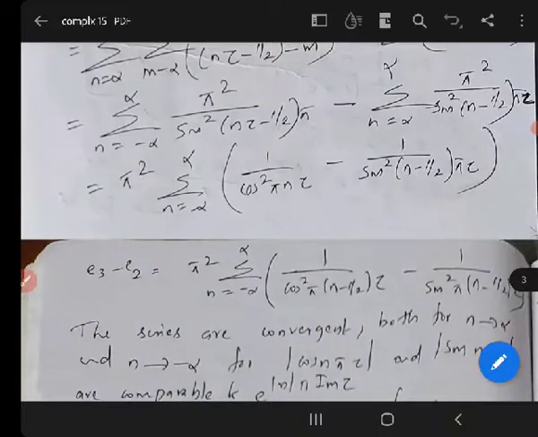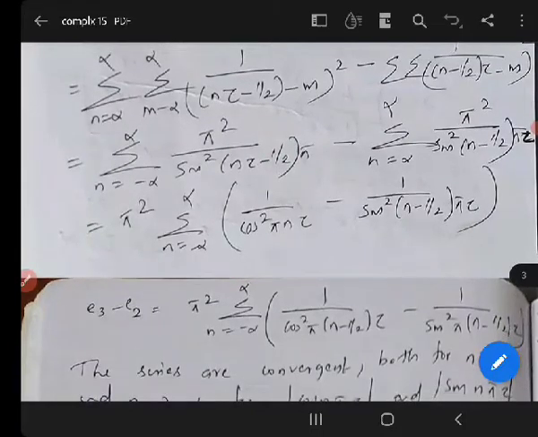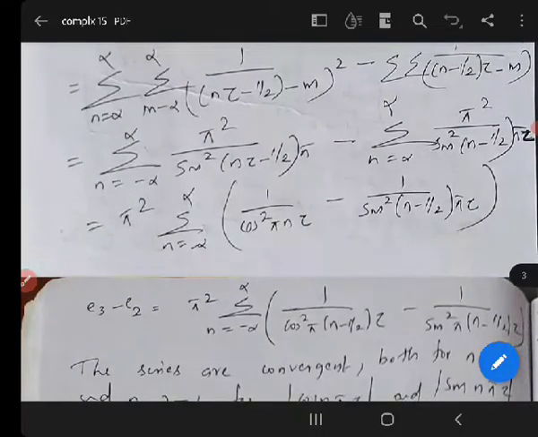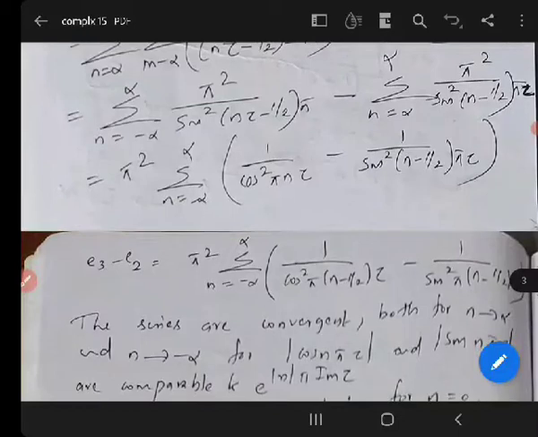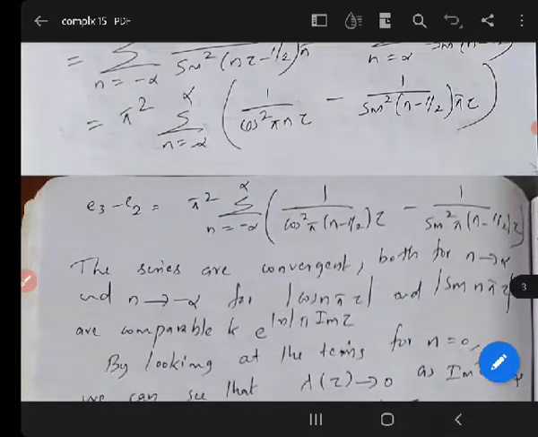You can write e1 minus e2 as pi square summation of 1 by cos square pi n tau minus 1 by sine square (n minus 1 by 2) pi tau. Similarly, e3 minus e2 can be written as pi square into summation of 1 by cos square pi (n minus 1 by 2) tau minus 1 by sine square pi (n minus 1 by 2) tau.